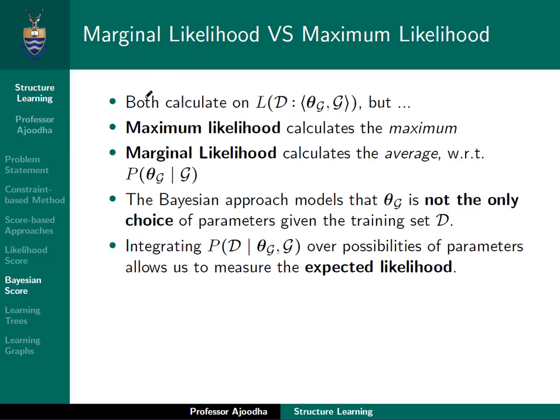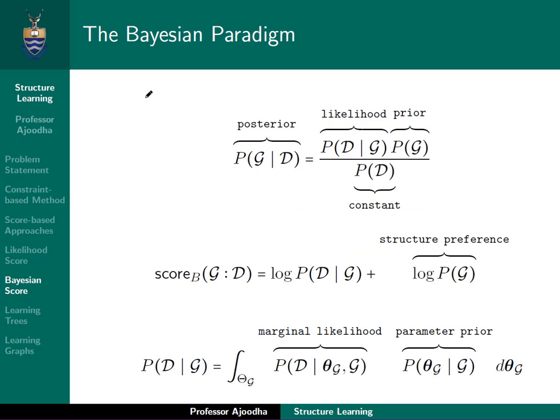Okay, so let's go back to this beautiful slide. I think I'm going to print this slide and stick it on my wall. This is the part I want you to look at now. It says that we're looking at the parameters of G, but I told you that in the Bayesian paradigm we don't look at the MLE, the maximum likelihood estimation, because that's the wrong way to do it.